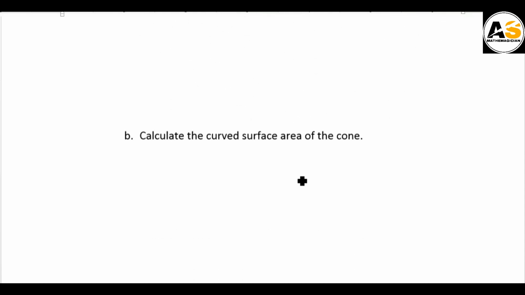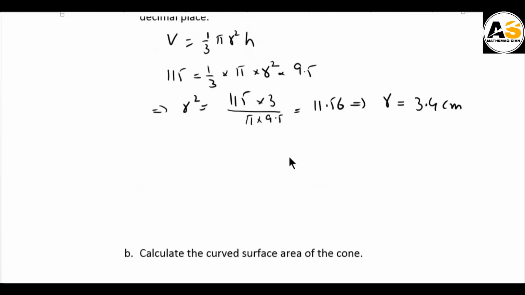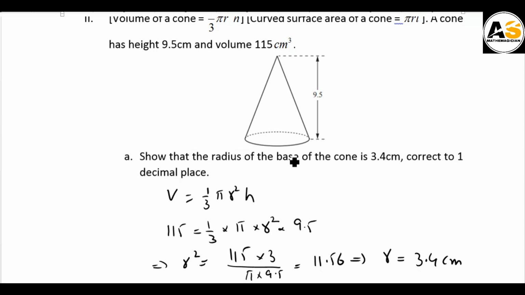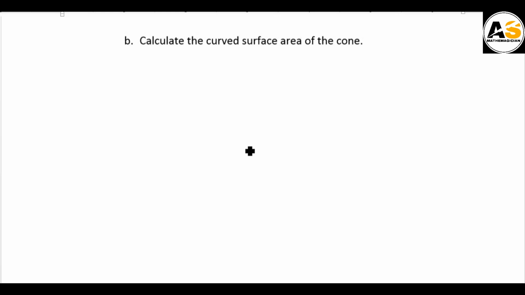In the second part, we have to find the curved area of this cone. Dear student, we know this height. We just calculated this radius. So we can find the slant height by using Pythagoras theorem. Slant height L is given by the square root of 9.5 square, height square, plus 3.4 square, radius square.